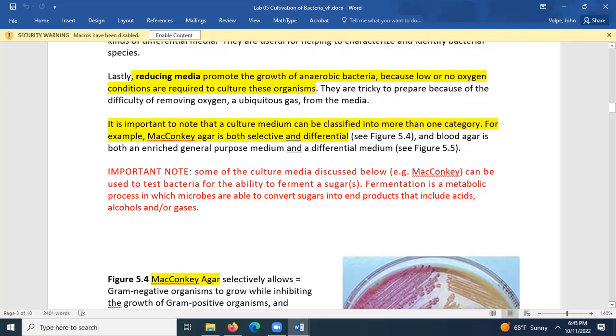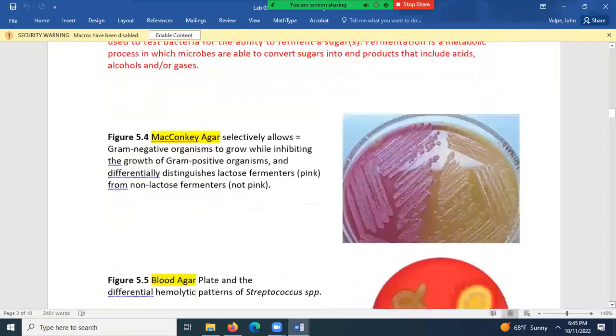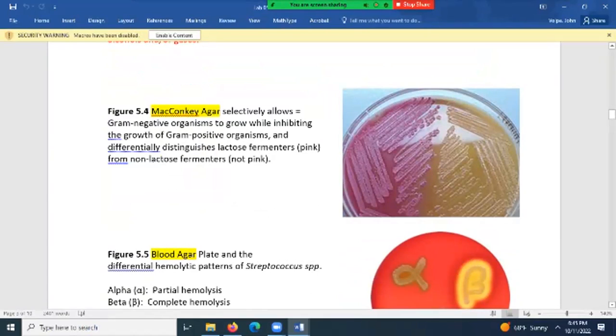For example, McConkey's agar is both selective and differential. So here we're looking at McConkey's agar. It is selective in that gram-negative organisms can grow on McConkey's agar. Gram-positive organisms tend not to grow.